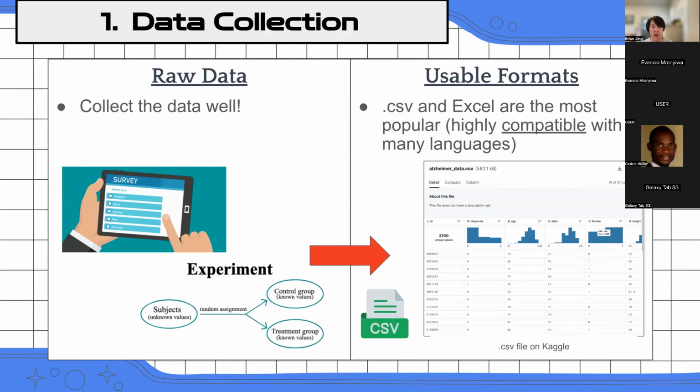The first step we have is data collection. In data collection, we have to take raw data. To take raw data, there are generally two ways you would do this: surveys and experiments. In surveys and experiments, you want to do these in a good way. You want to collect the data well so that the data can accurately represent the population that you want to study.